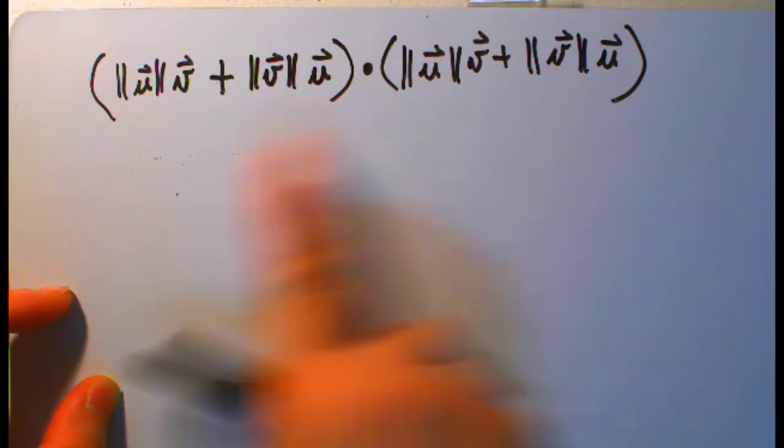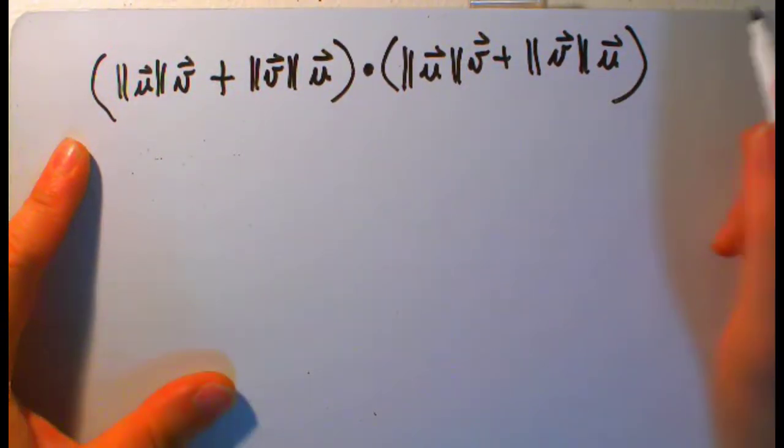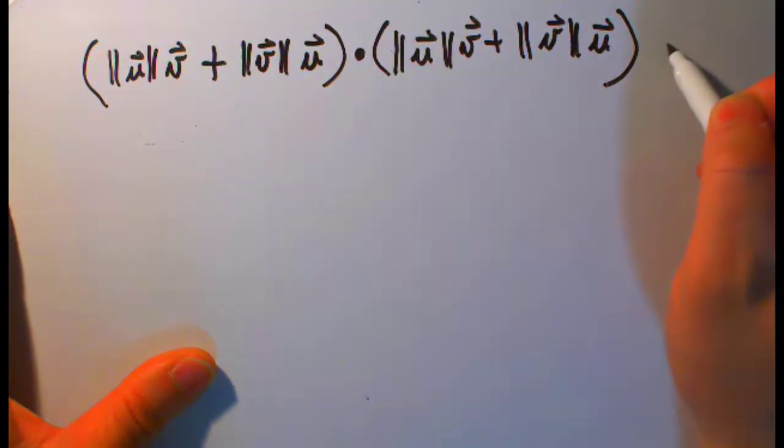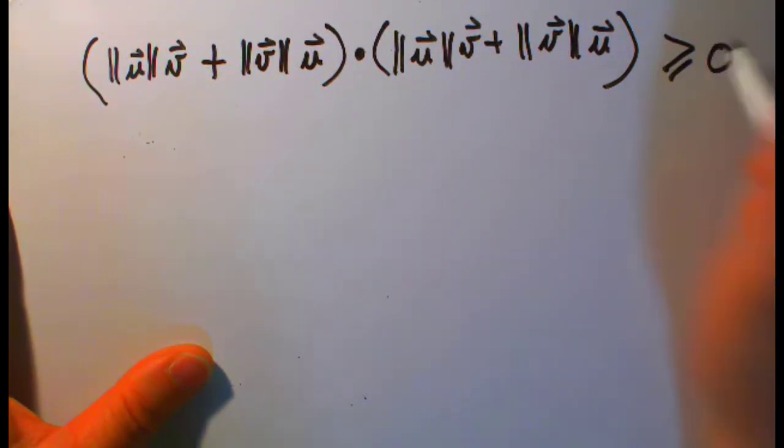And this dot product, since one vector is dotting itself, once again should be giving a value greater than or equal to 0.